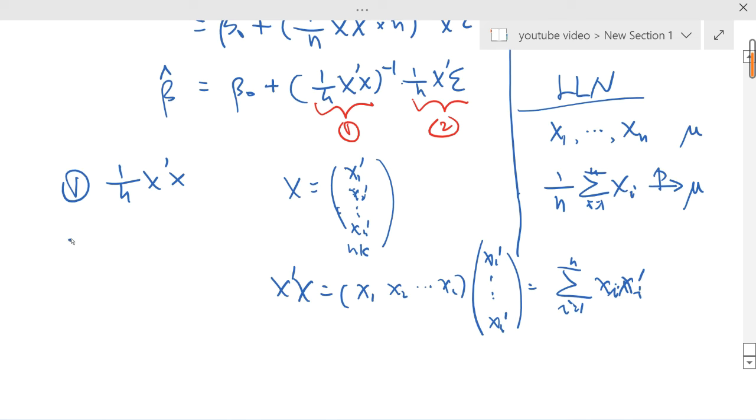So 1 over n x prime x is 1 over n times that sum. We see that this is actually an average of independent IID random variables xi xi prime. And the law of large numbers says that this converges in probability to its mean. Let's call it mu x. This is a k by k matrix. That's the first term.